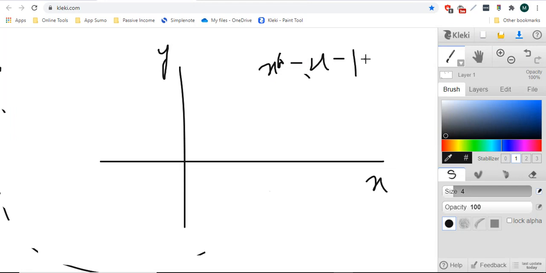So let me consider this x to the power 6 minus x minus 1 as f of x. For such kind of equations, if we draw it, we will get some kind of arbitrary graph. This is not an actual graph, I'm just doing it for the sake of reference.